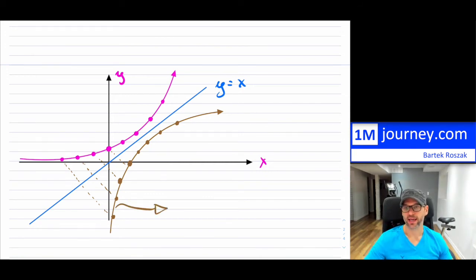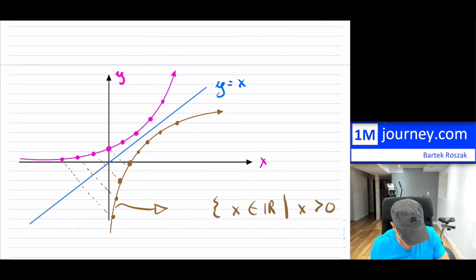Notice that because it is an inverse of our original, b to the x, whose domain was from negative infinity to positive infinity, but whose range was everything above 0, which now means that because we swapped the x and the y, the domain on this inverse is going to change. The domain is going to be all numbers greater than 0.